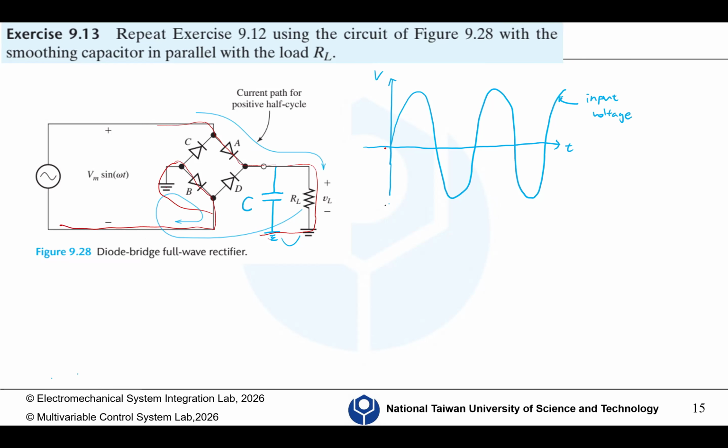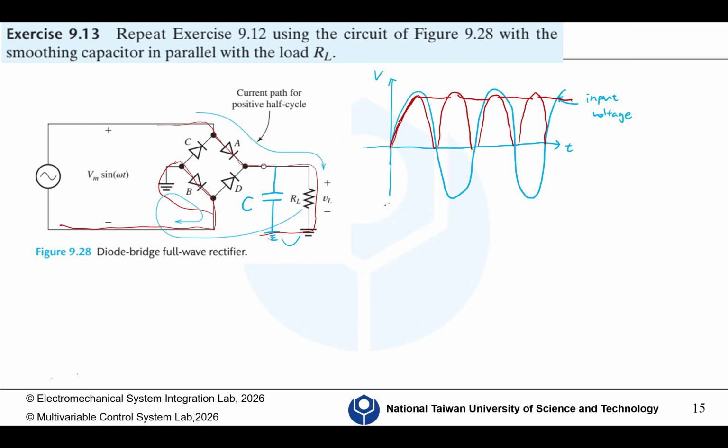So before we put the capacitor, it will be like this. And after you put the capacitor, it will be like this. It will release the charge, so let me emphasize the curve.